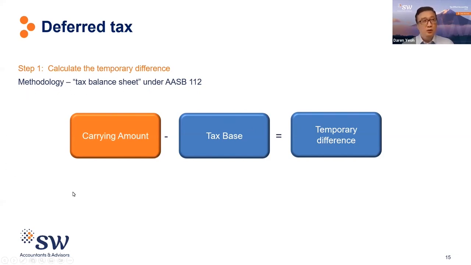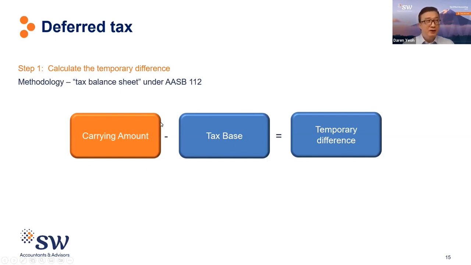In order to calculate your DTAs and DTLs, you start with your trial balance. Your trial balance will contain the carrying amount of your assets and liabilities. For each asset and liability, you need to compare it to its tax base, and the difference will give you the temporary difference.